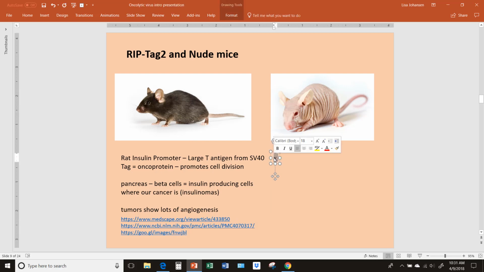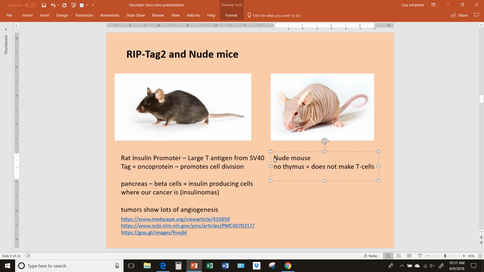This other guy over here, he's called a nude mouse. And he has no thymus. So that means he does not make T cells. And so a nude mouse has a very inhibited immune system. And they don't show data in our paper from this mouse, but this is all in the supplemental.